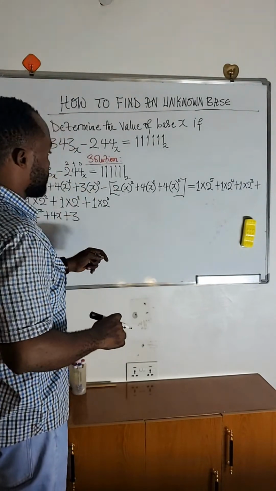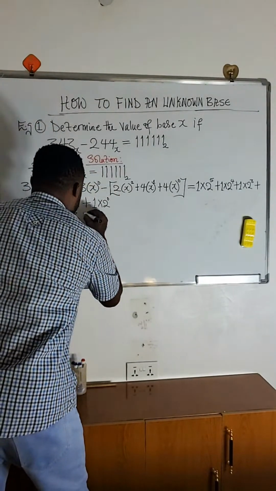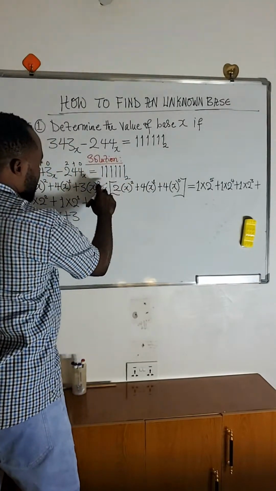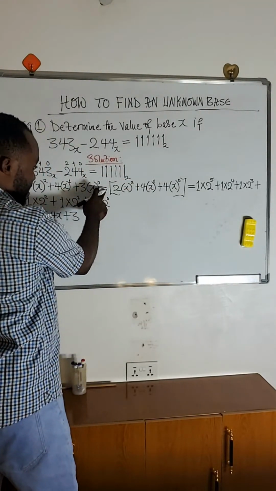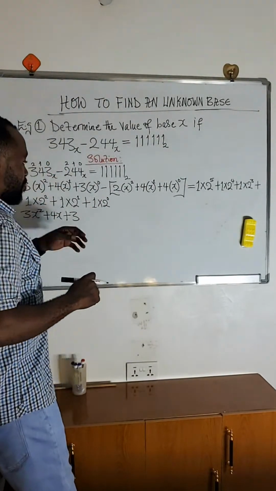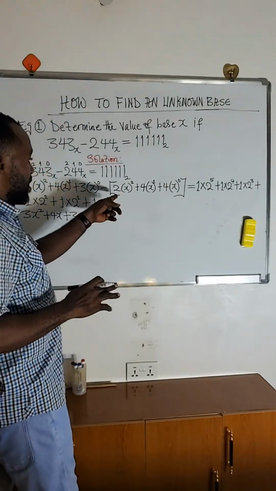So we are here now. This is x squared times 2, which is 2x squared. Everything that will come out of this bracket will be affected by this negative sign. Take note. Most students will make this mistake, but you have to take note of that.